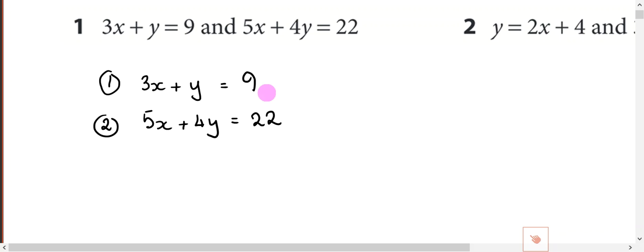Anyone spotted it? Yeah? There are a different number of x's and there are a different number of y's. We relied with the elimination method on having the same number of x's and y's. Okay? Does anyone already know what we could do at this stage?